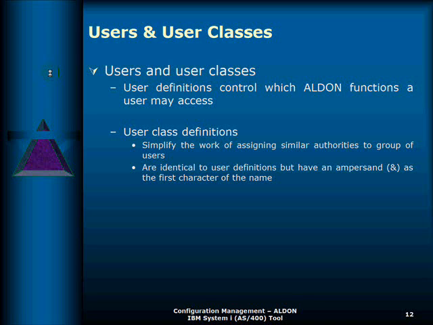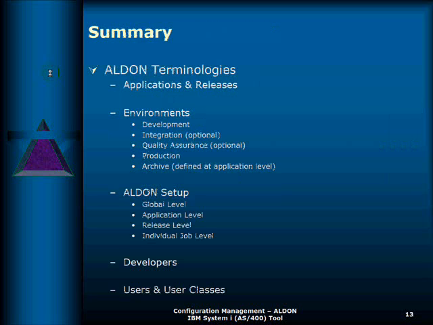To summarize, the following have been discussed so far. ALDON terminologies like applications and releases, various ALDON environments like the development, integration, quality assurance, production and archive environments. Out of these, integration and quality assurance are optional, and archive is also an optional environment which is defined at the application level.